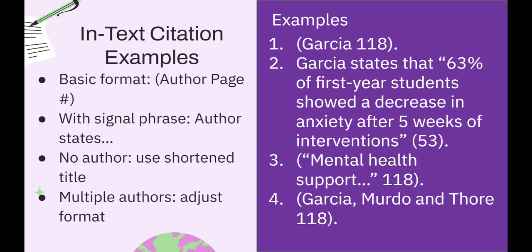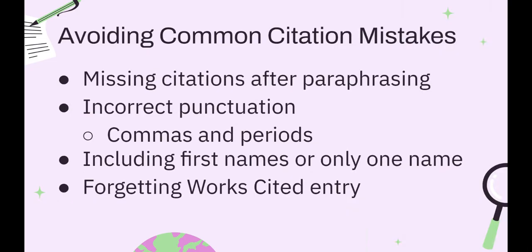If you do not have an author, you can use a shortened version of the title, such as in example 3. Notice the use of ellipses, or the 3 dots, to let the reader know that this is only the first part of the article title. If you have more than one author, such as in example 4, you use the same format as example 1, but include all the authors' last names. Make sure you list the names in the same order as they were on the original document.